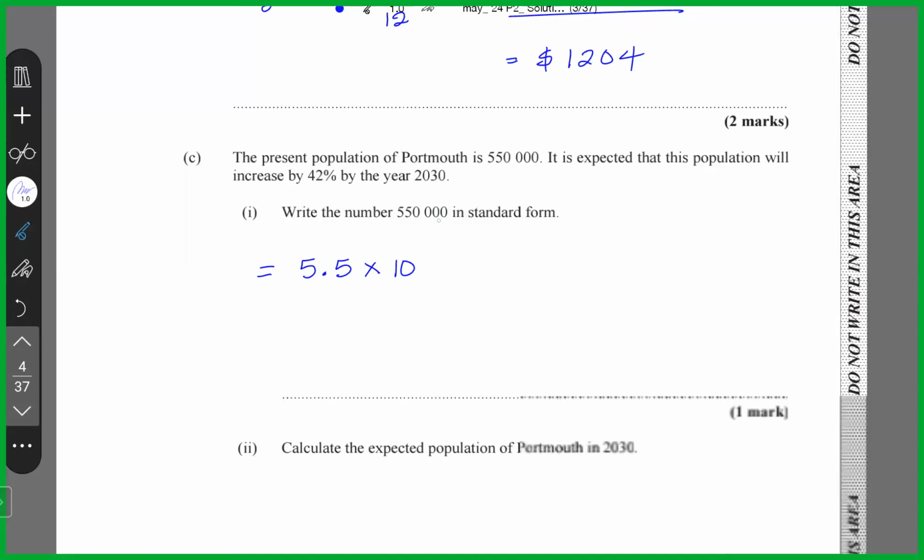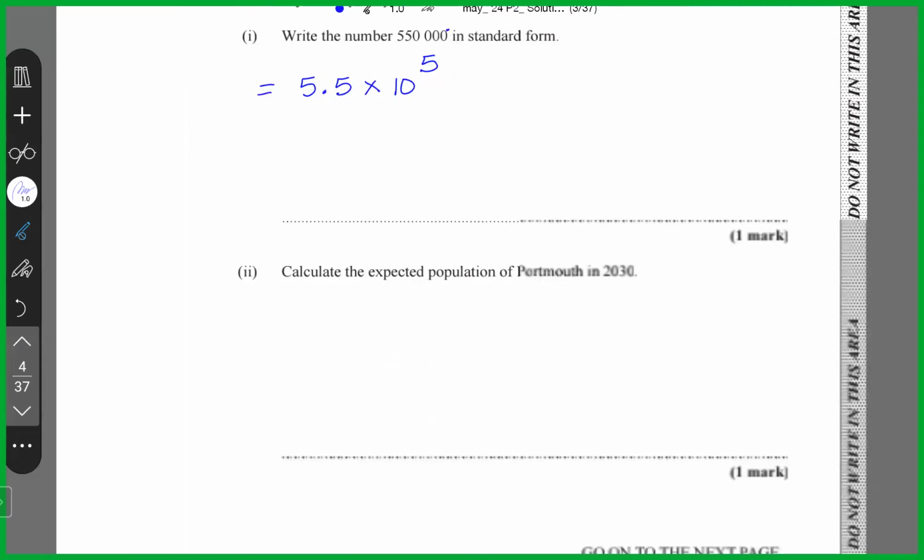And here we would have moved it 1, 2, 3, 4, 5 times. So the power here is 5. And so 550,000 in standard form is 5.5 times 10 to the 5th power.